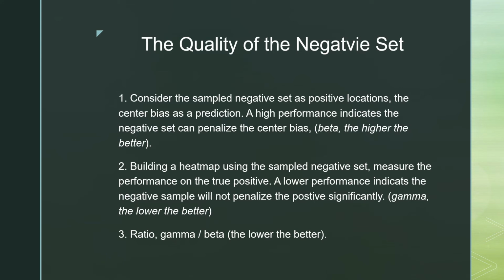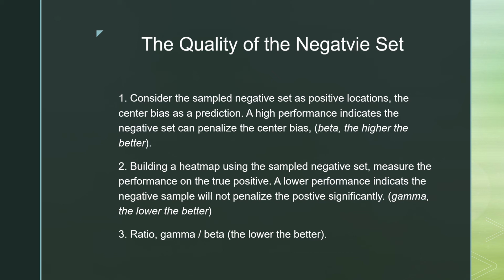A remaining question is how we can measure the quality of the negative side. In this paper, we propose to consider the negative side as positive locations, and the center bias can be considered as a prediction map. We hope a high performance can be achieved in this case, because the negative side can greatly penalize the center bias, and we denote this as beta.